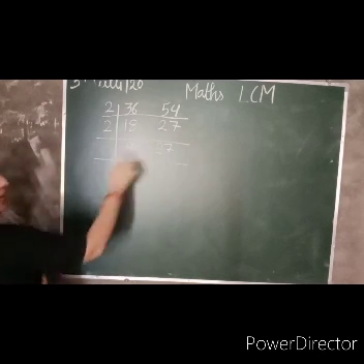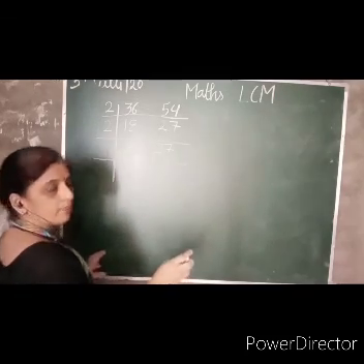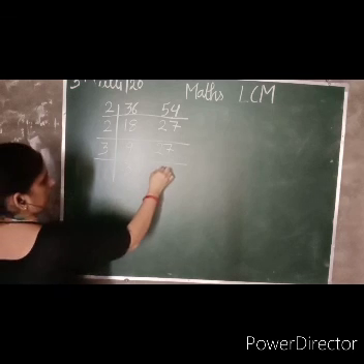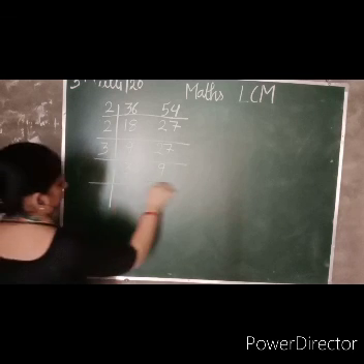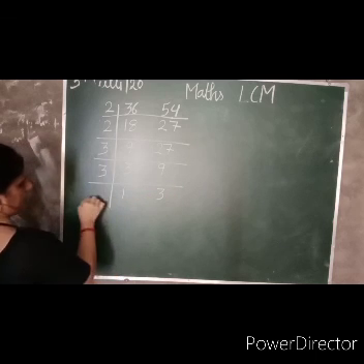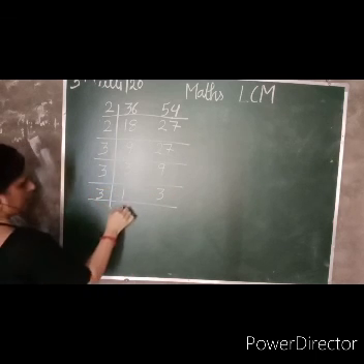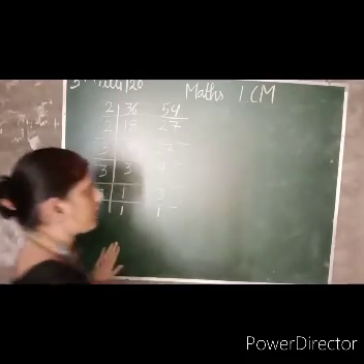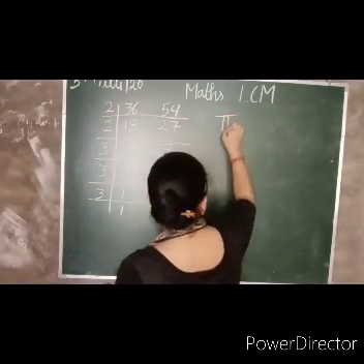Now we know that 9 and 27 are not going to be divided by 2, so let's do it with 3. 3 3s are 9, 3 9s are 27. Now 3 1s are 3, 3 3s are 9. 3 1s are 3, 3 1s are 3. We have done the prime factorization. Let's calculate the LCM.